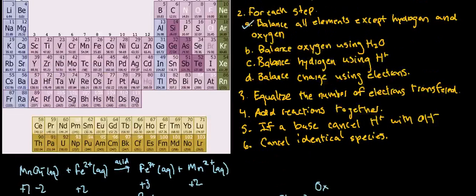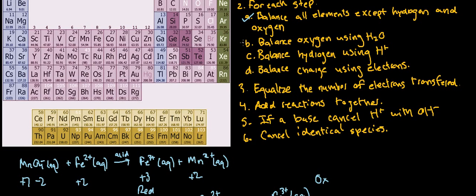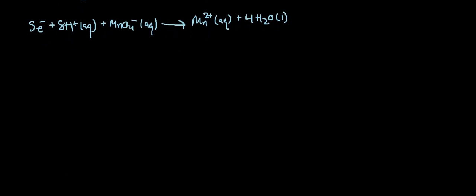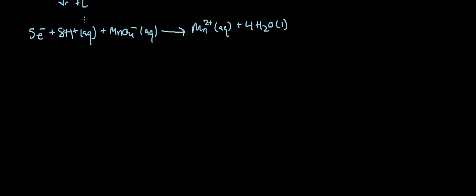So I go back up here and I've done all of this for my one side of the equation. Now I need to do this for the other side of the equation over here, this iron 2 plus to iron 3 plus. Fortunately, this one is going to be quite a simple one.